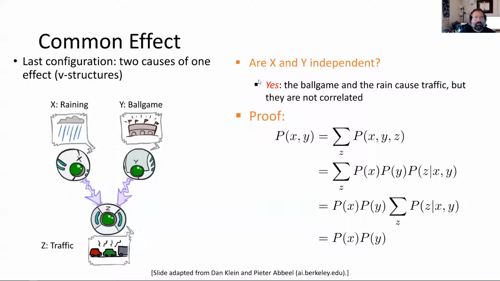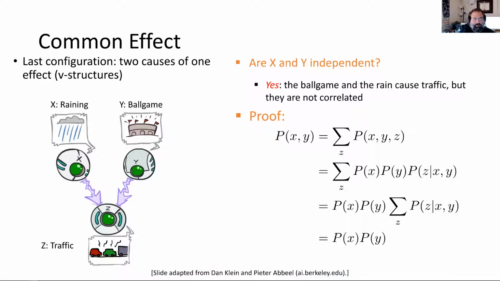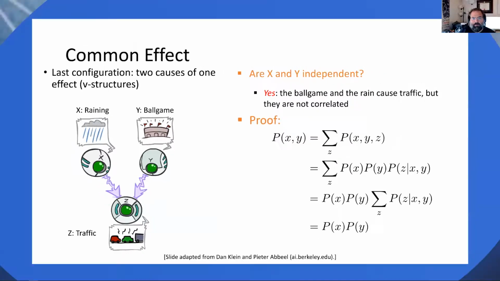And sometimes there's this concept of a common effect. So something that is a result of something else. In this case, the common effect is traffic. That's what the effect is, and multiple things might cause it, including rain or potentially a ball game. So lots of people going to a ball game.